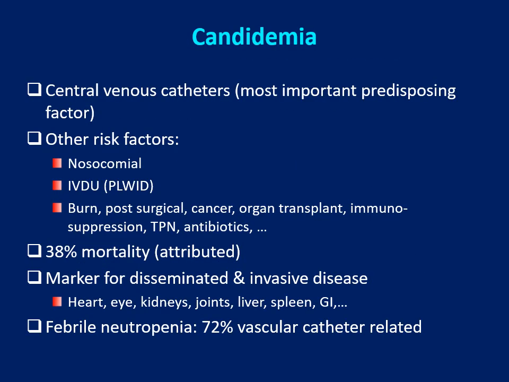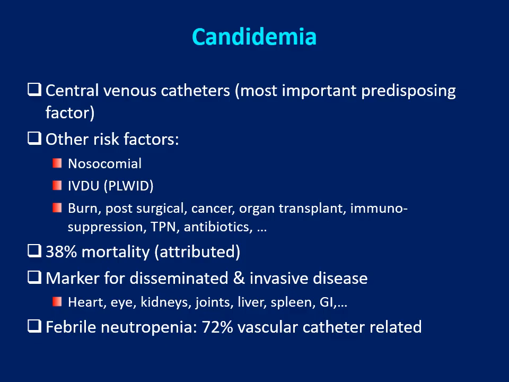Meanwhile, the most important source of candidemia is a central venous catheter infection, and other risk factors include hospital stay, intravenous drug use, and of course cancer, burns, patients post-surgery, mainly abdominal surgery, organ transplant, immunosuppressive treatment, TPN, and antibiotics. It carries a high rate of attributable mortality, somewhere around 38 to 40%.